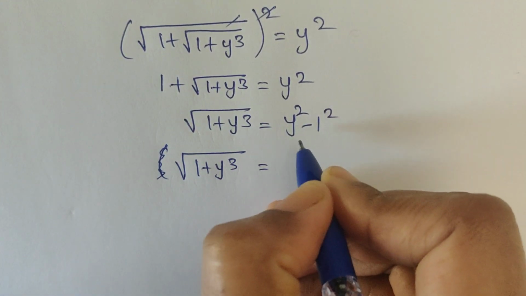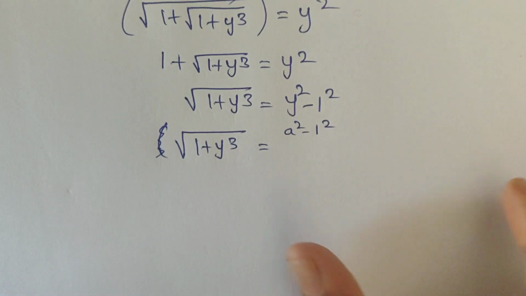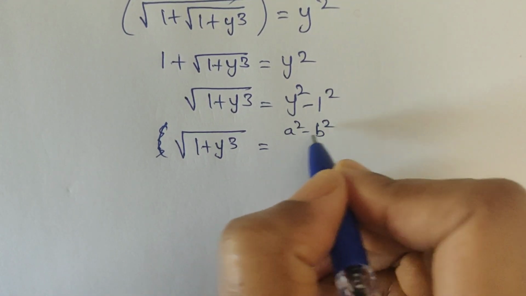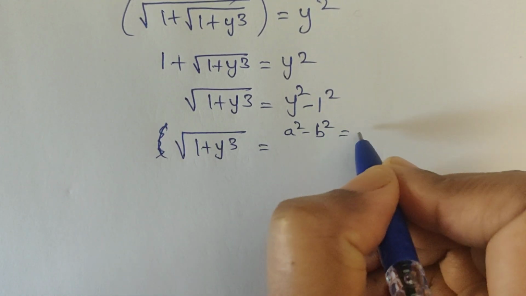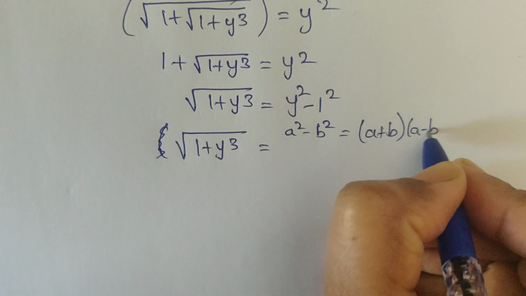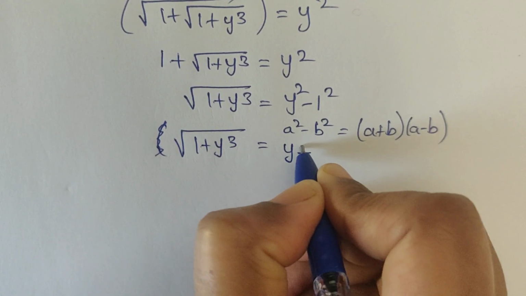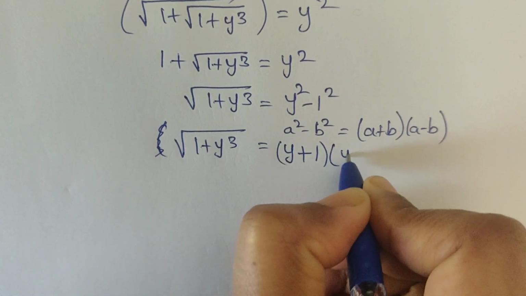Here you can see this is in the form of a square minus b square. We know this formula: a square minus b square is equal to a plus b times a minus b. So use this formula. Here we can write y plus 1 times y minus 1.